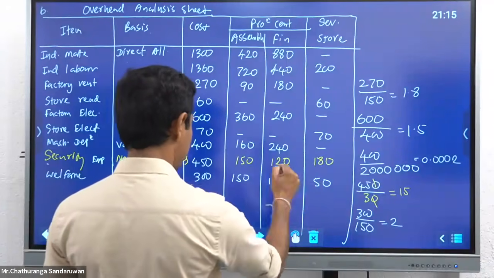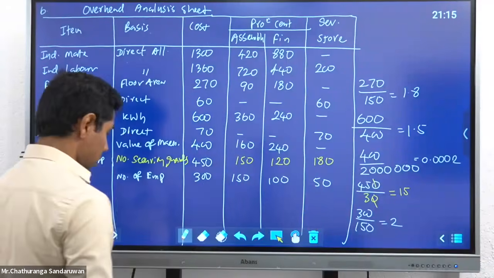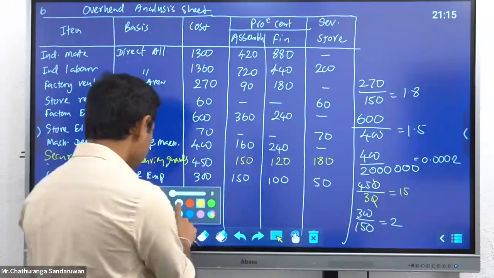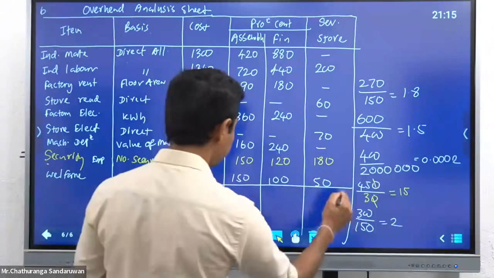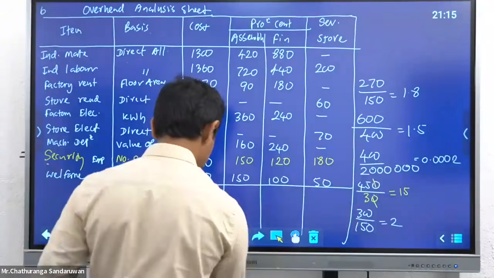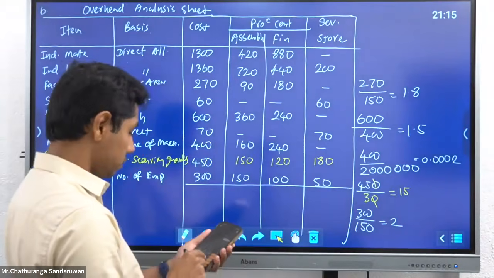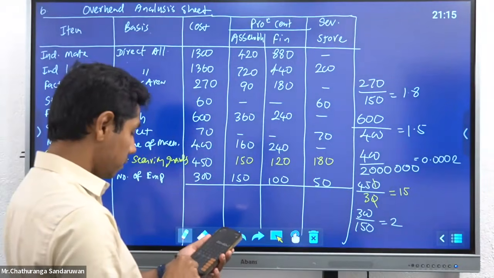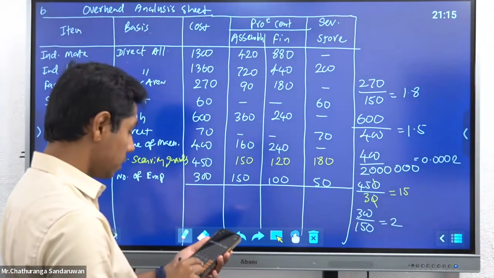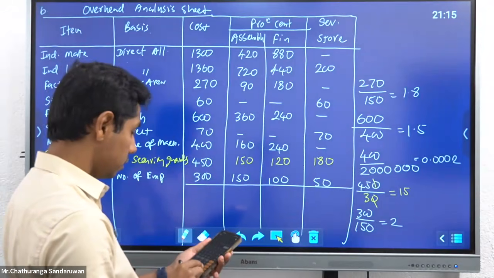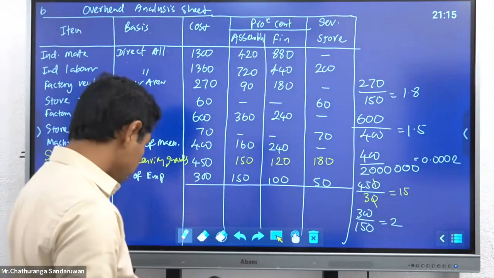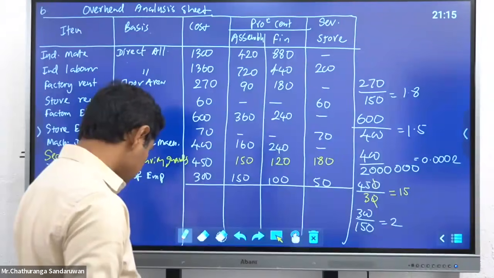Am I correct? 300, 450. Yeah. Now we can take the total of each column. We will see, right? I'm not that sure about this one, right? 200, 60, 70, 180, 50. 560. Wait for a while.